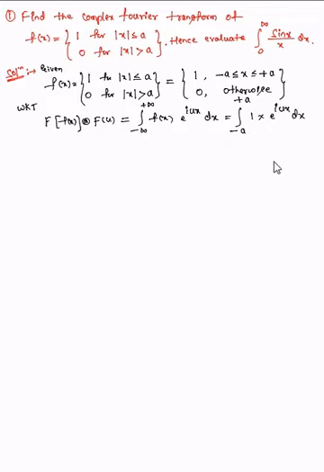So integration of e power iux is e power iux divided by iu, between the limits minus a to plus a. Right? So this is the integration. Now let us substitute the limits. I can take 1 by iu outside.